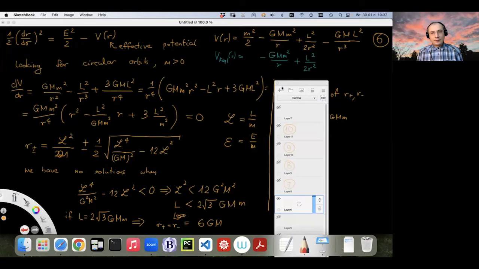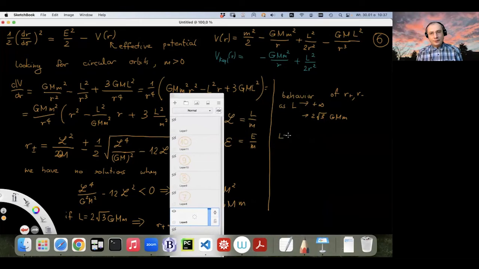So with L going to infinity, we have R plus approaching L squared over GMm squared, and that's basically the Newtonian value, the Keplerian value of this orbit.